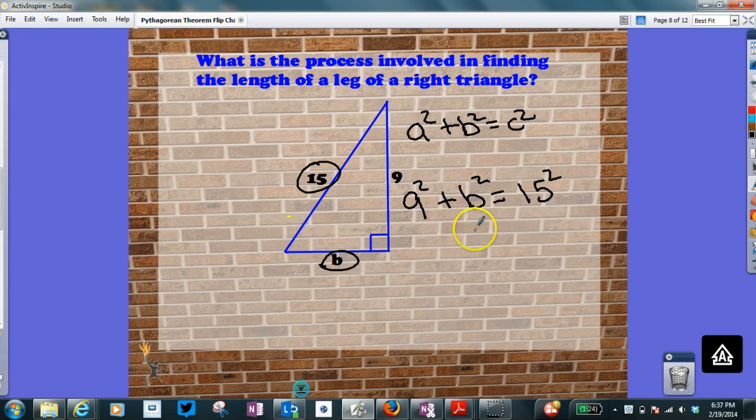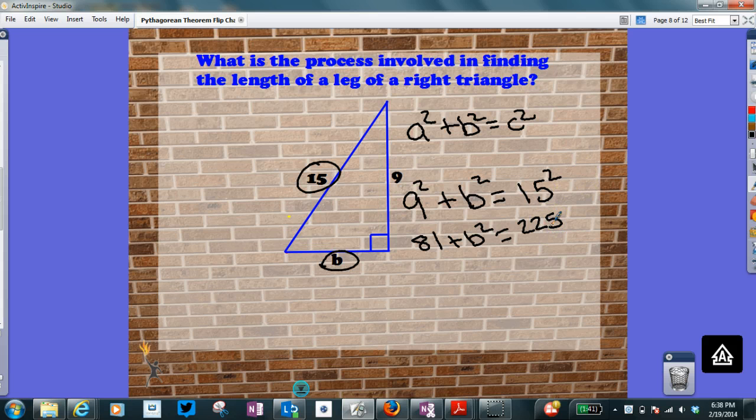So now I essentially have just a one-step equation here. 9 squared, 81, plus b squared equals 15 squared, and that's going to be 225.